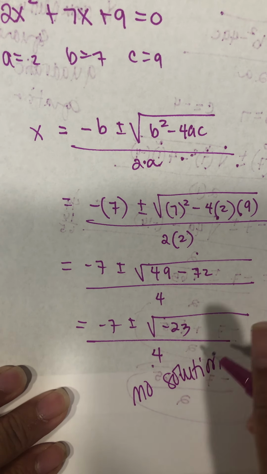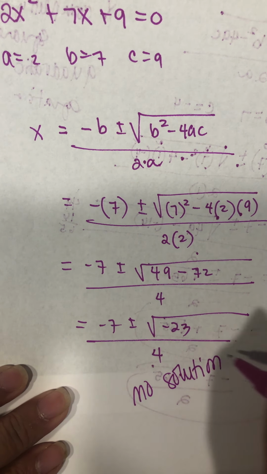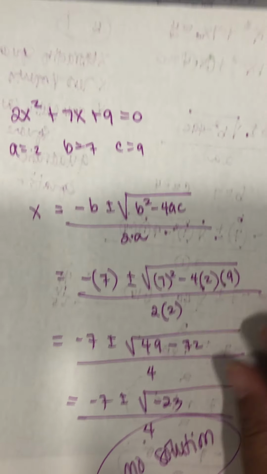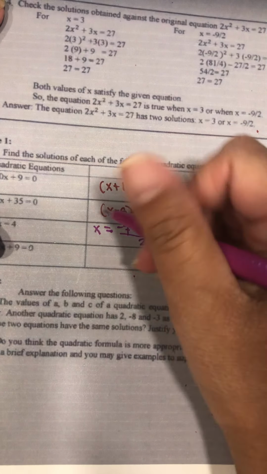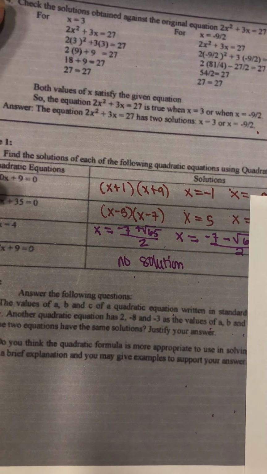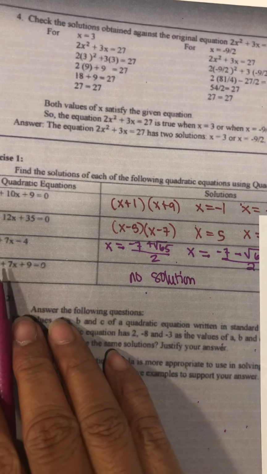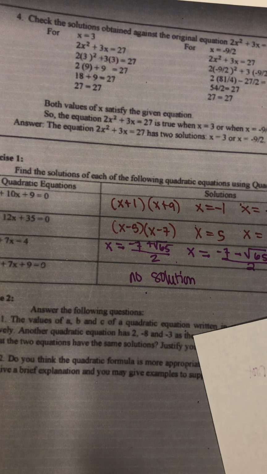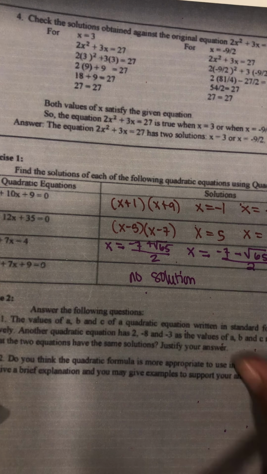You will yield with an imaginary number, which will not be on this topic. Okay? So we just say no solution. All right, so in other words, there's no value of x that you can use that will make this equation true. So that's what you call no solution. All right, that's page 8.